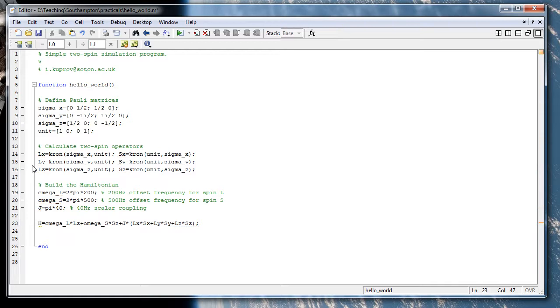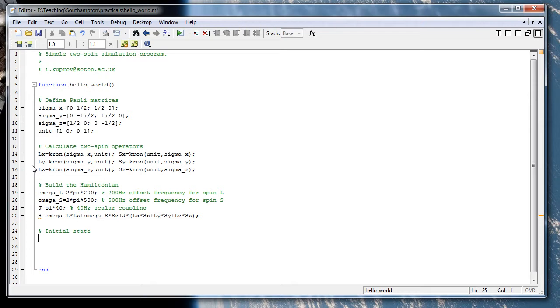And that will be our Hamiltonian. Right, the Hamiltonian has been built. What we now need is the initial condition. Initial state. And well, if it's a pulse acquire experiment, then we start from the magnetization that was just sitting there on the z-axis. So rho equals Lz plus Sz. Both spins on the z-axis.